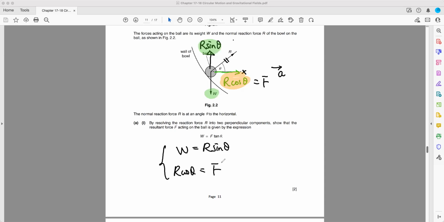Are you able to show it? Yeah. What type of sandwich? Peanut butter.